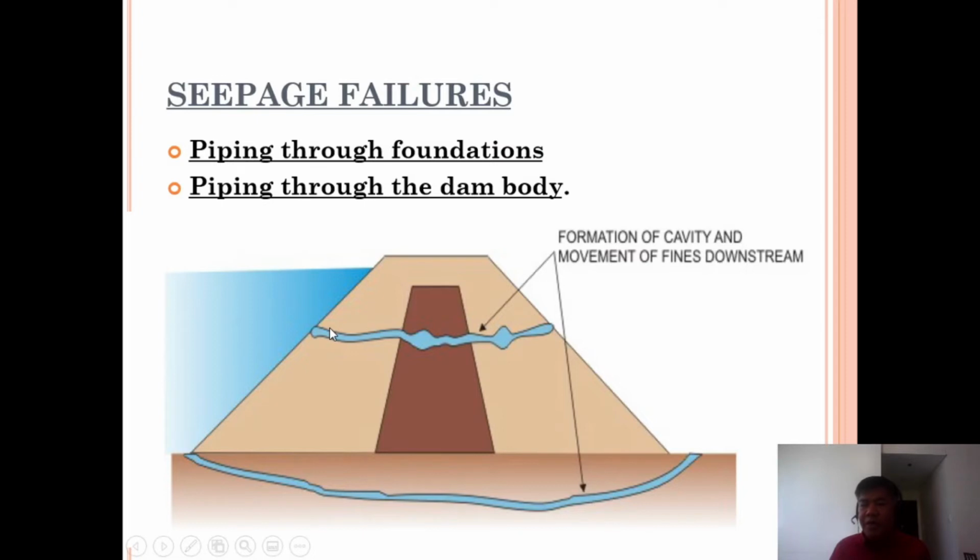When there is a large seepage pressure, there is a formation of a cavity and movement of fines downstream. That's why it is called piping, because it turns out to be a pipe all throughout. Take note that it is now hollow, although water is going through. But the problem is that the pressure is not steady all throughout.